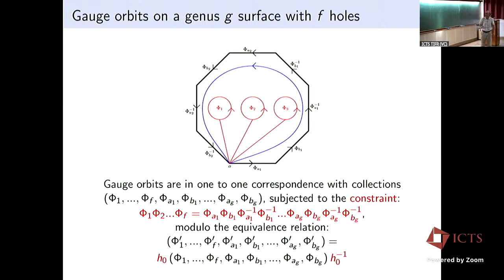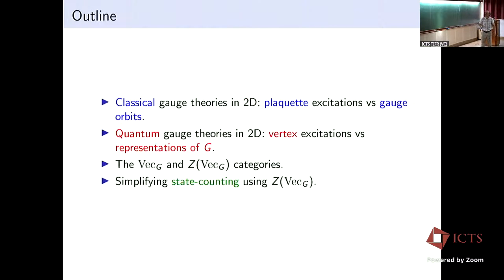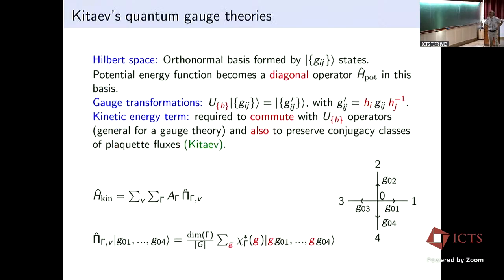But now we want to do quantum mechanics. After all, that's what we like in this game. So quantum mechanically, as Frank rightly pointed out several times, we need the Hilbert space. So what's the Hilbert space? We have orthonormal bases formed by kets, which are labeled by these gauge configurations.